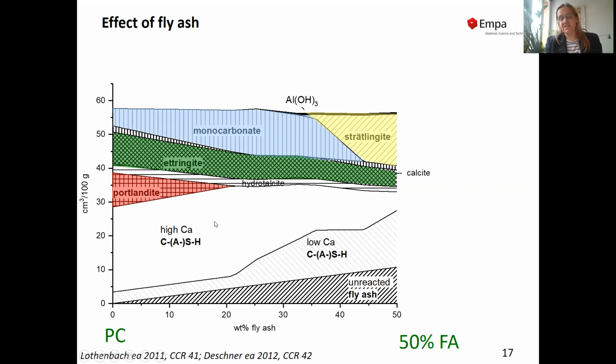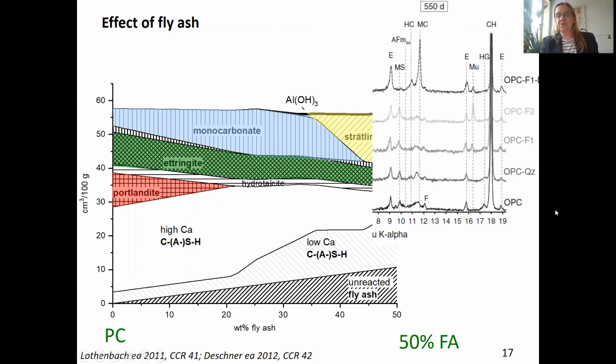We predict the transformation of a high calcium CSH to a low calcium CSH, and in addition, we predict the formation of more AFm phases due to the presence of aluminium in the fly ash.